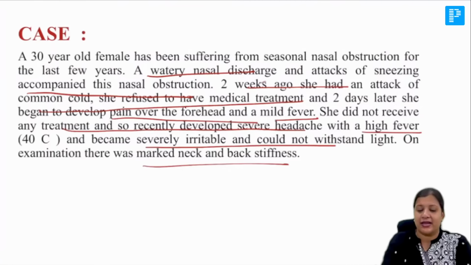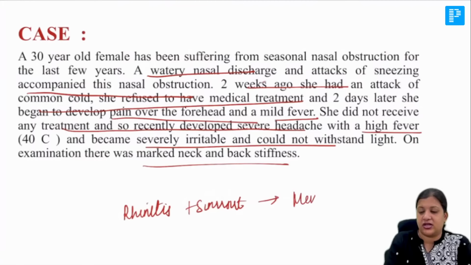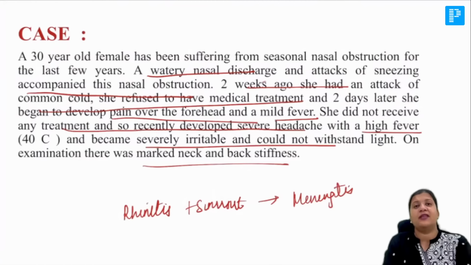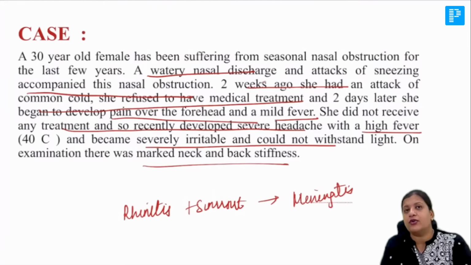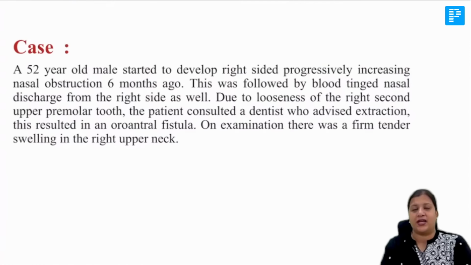So, this is a case scenario where a rhinitis or a sinusitis patient has progressed to a meningitis. So remember, scenarios will not be just talking to you about diagnosis primary, they can also talk to you of diagnosis that could be related to the complications.